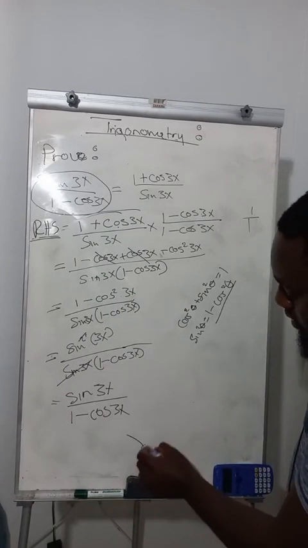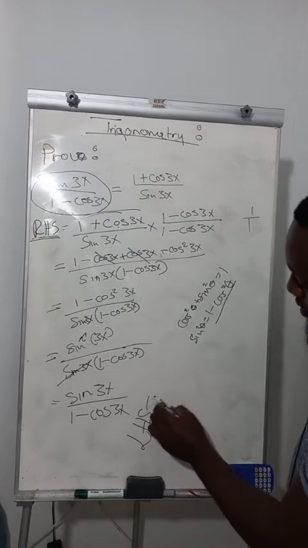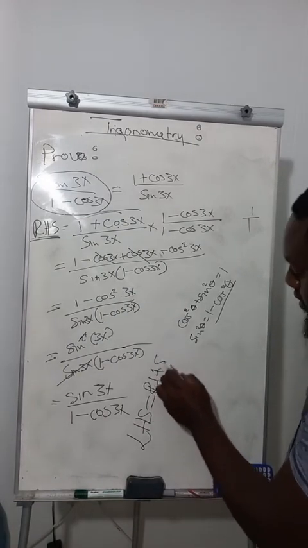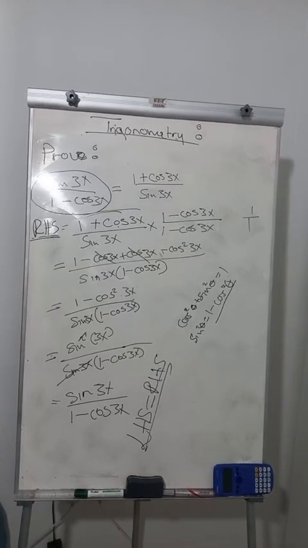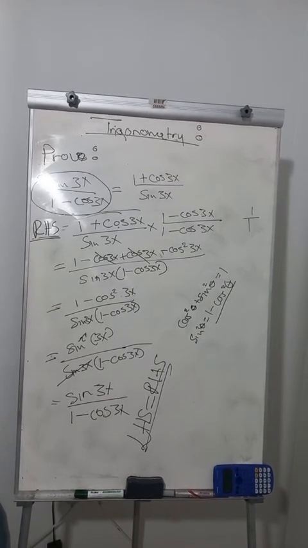So you will then say left hand side equals right hand side, and then you're done. It doesn't matter which side you choose, as long as you know the maths principles. That's the thing which is mostly important.